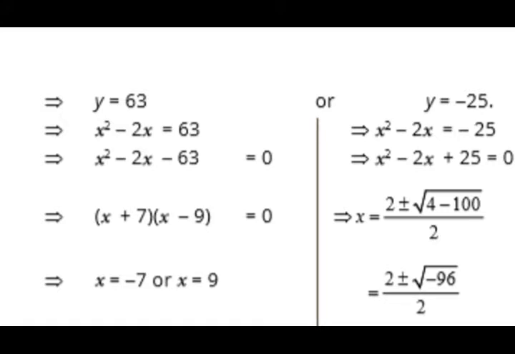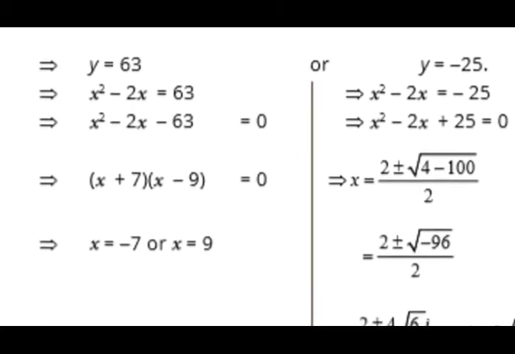Here we get two values of y, because y is equal to x square minus 2x, we again simplify it and again we have a quadratic form in variable x, and if possible try to make its factors, like 63, its factors are 7 and 9, because we want to make minus 2, so we apply the sign minus with the greater number, minus 9 plus 7.